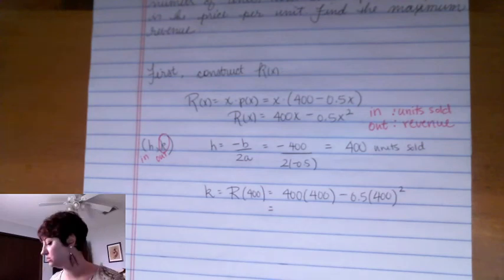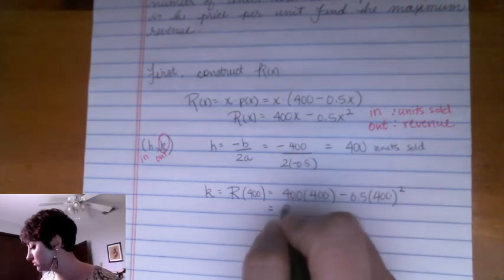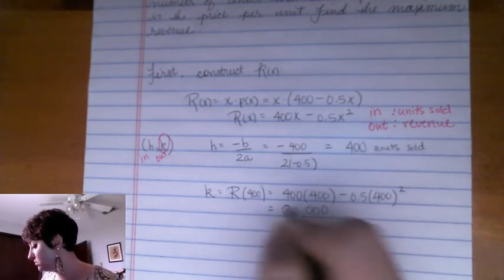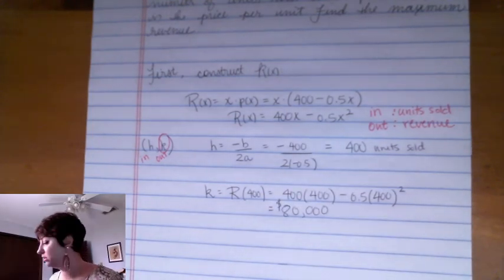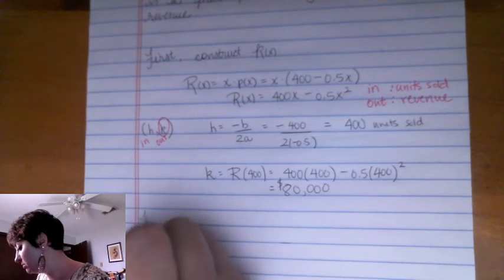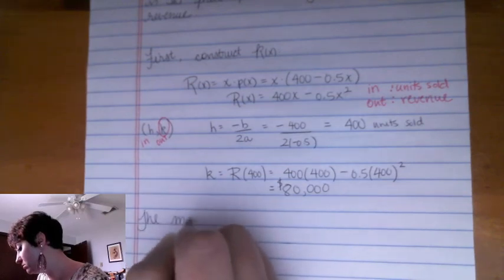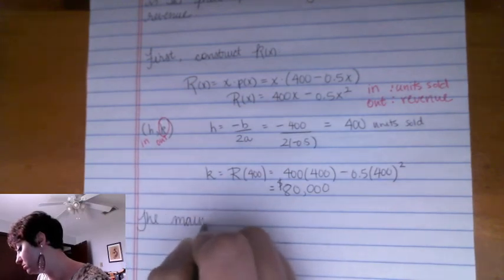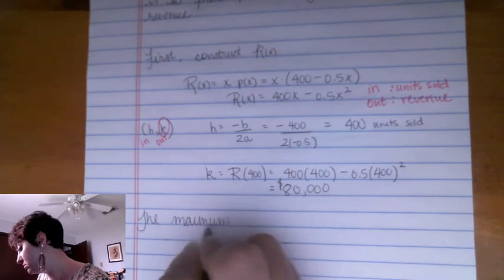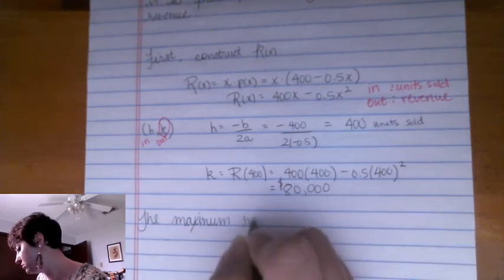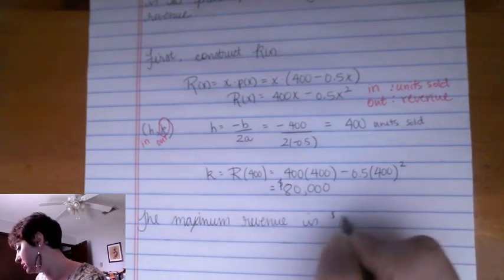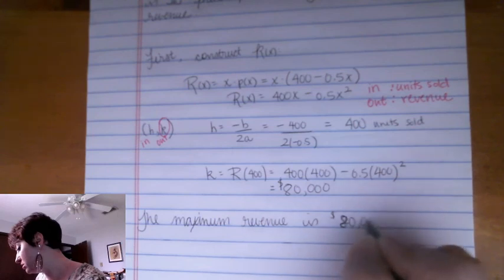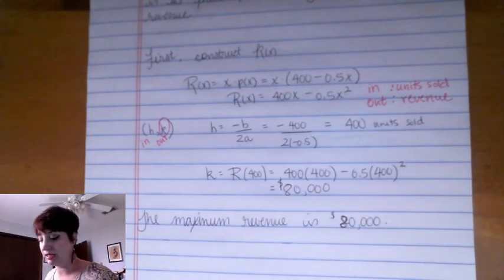So 80,000. 80,000 what? Dollars. All right. So the maximum revenue is $80,000.